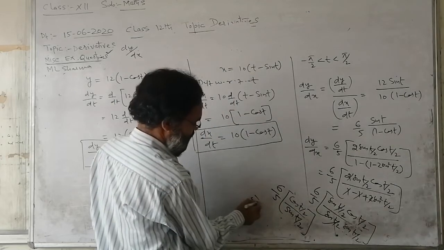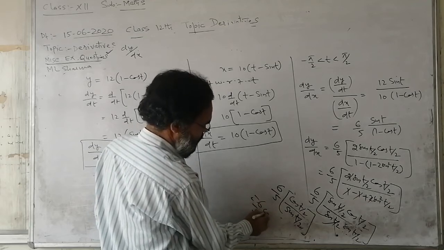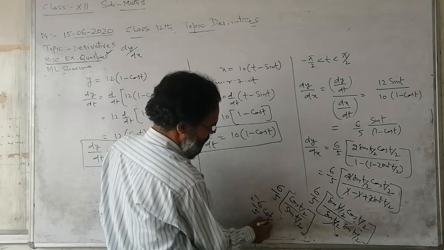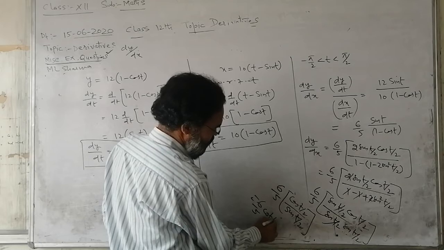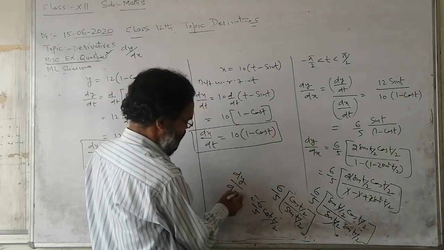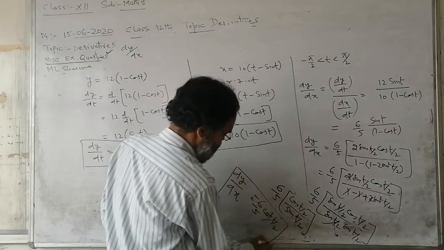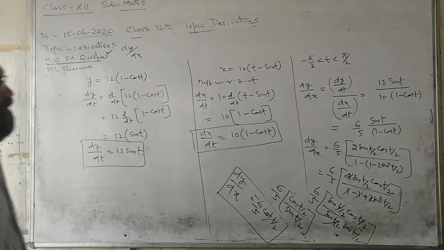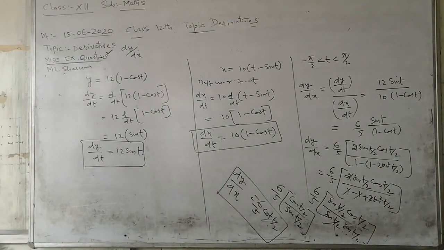So I can write 6 upon 5 cot of t by 2, and this is the value of dy upon dx. So in this way, this parametric type question was to be solved.